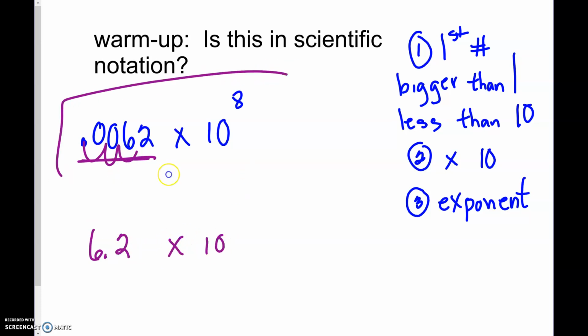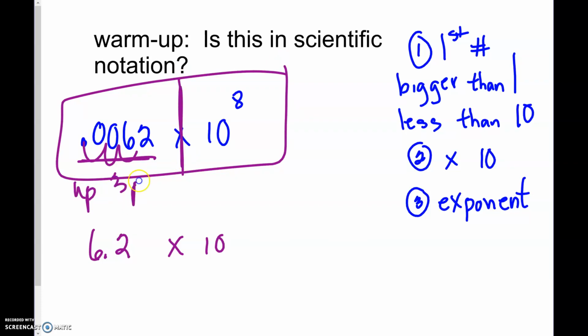If this represents one number, and we cut it in half, if this went up by 3 places, 3 groups of 10, 3 powers of 10, this one has to go down by 3 groups of 10. So we're going to take 8 minus 3, so this would be 10 to the 5th power. Now this number's in scientific notation: bigger than 1, less than 10, times 10 to a power.